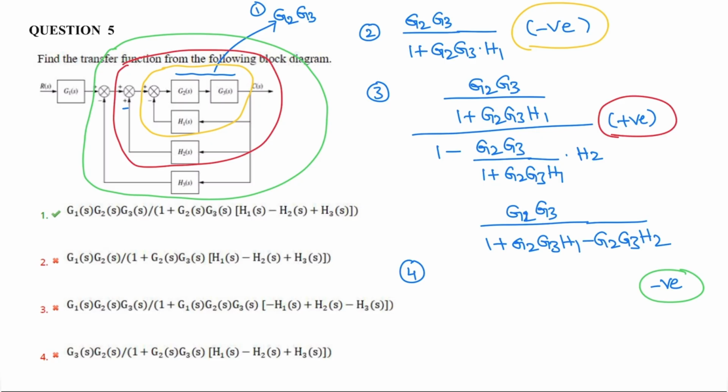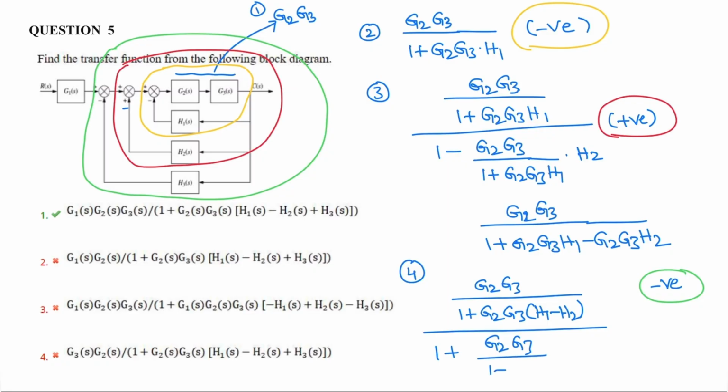The transfer function obtained in step 3, G2 G3 by 1 plus G2 G3 H1 minus G2 G3 H2, is used with the feedback transfer function H3.